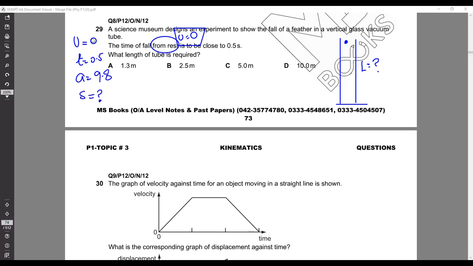So first tell me, in this data, which variable is not discussed? Neither asked nor given. Which variable out of SUVAT is not discussed in this question? V. That's right. It is V, which is not discussed. So just go to that equation sheet page and check which equation does not have V in it.